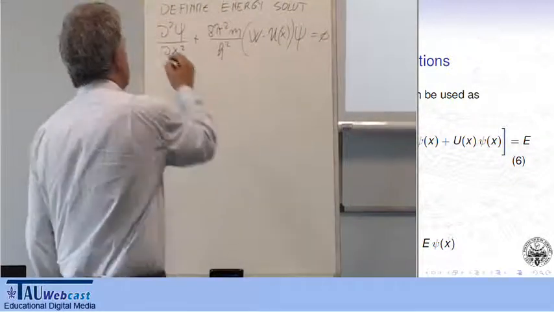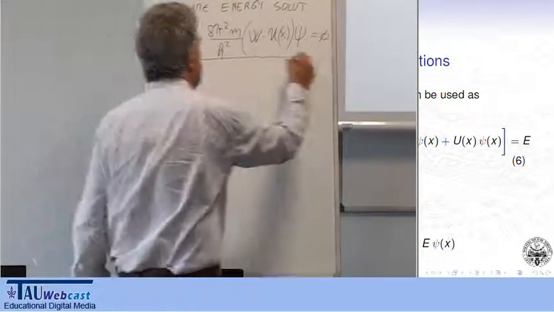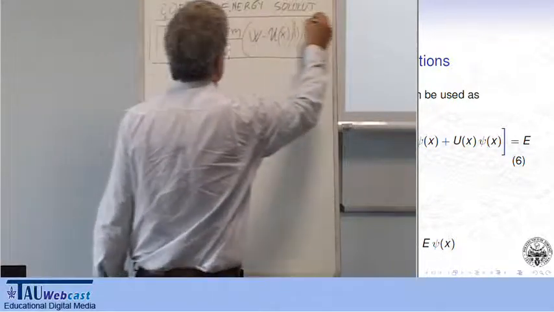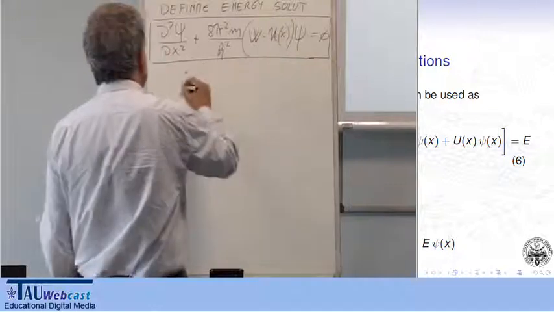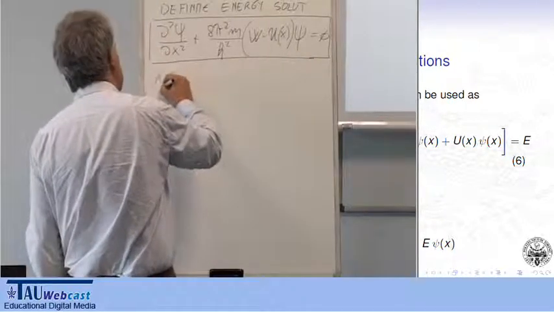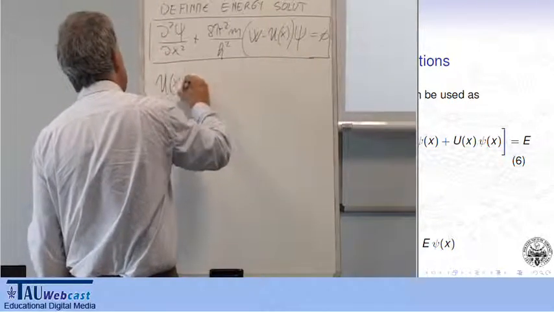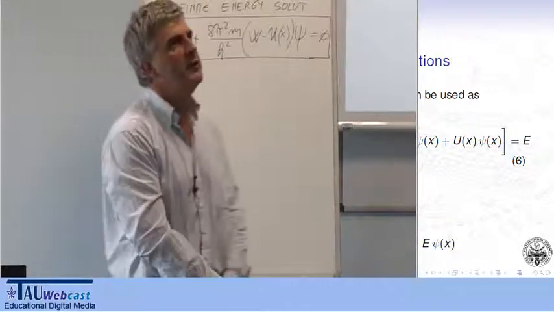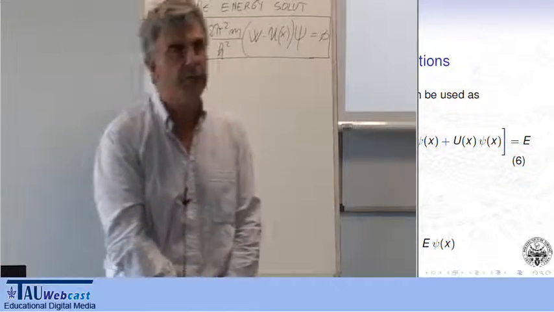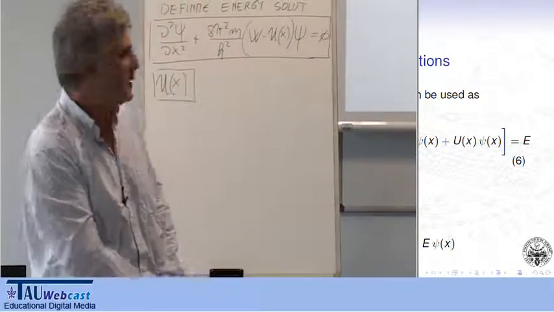This is a very well studied equation, and the system is described by the potential function, the function of the potential for the electron in that system.